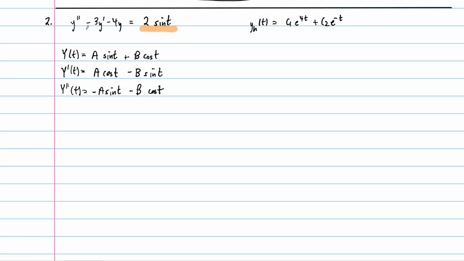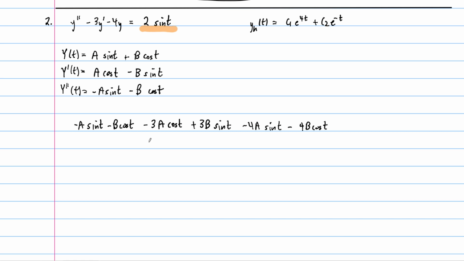And these all now have to get plugged into the equation the same way that we did with the last example. So this can be minus a sine of t minus b cosine of t minus 3a cosine of t plus 3b sine of t minus 4a sine of t minus 4b cosine of t.